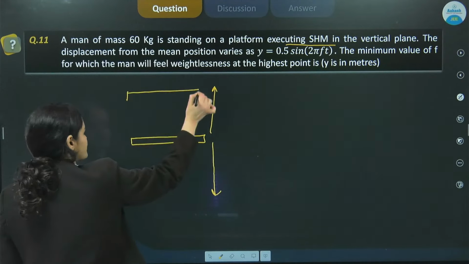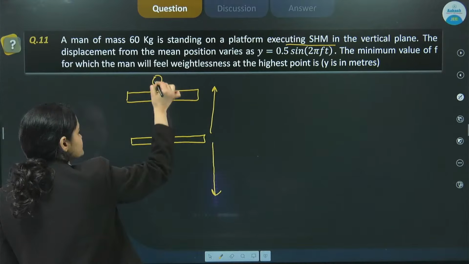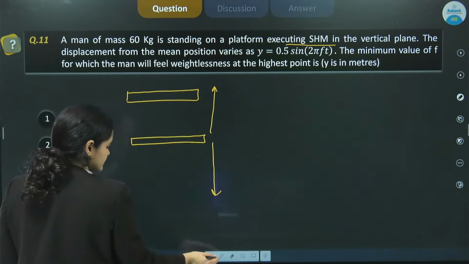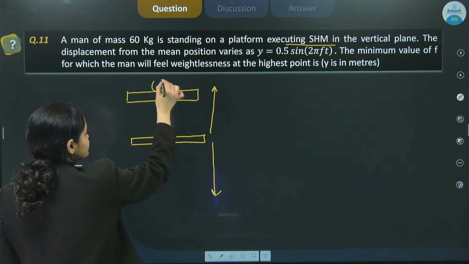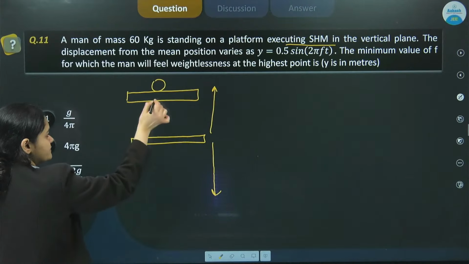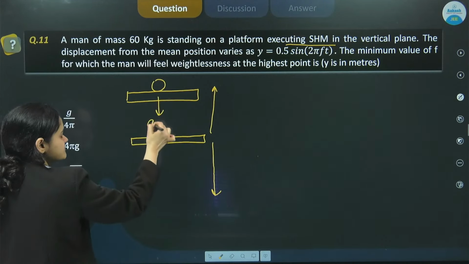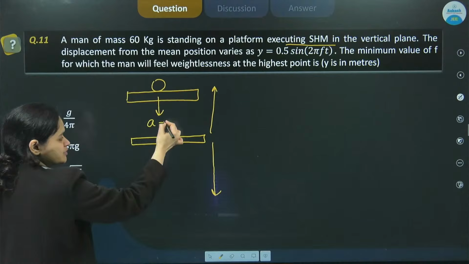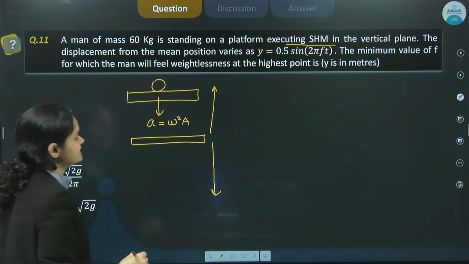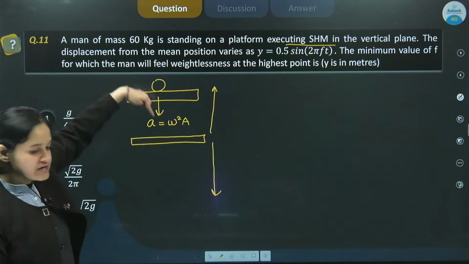So look, at the highest point, I'll draw the FBD of the person separately, but if I talk about the platform, the platform will have the maximum acceleration, which is omega square into a, the amplitude, that too in the downward direction.